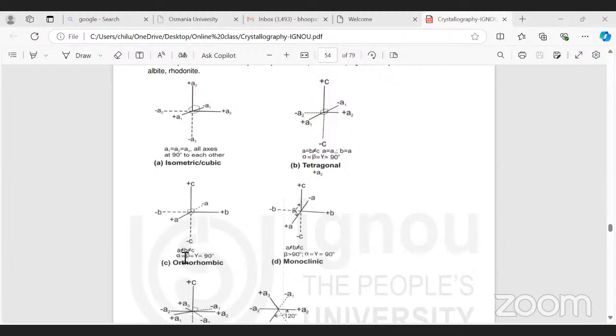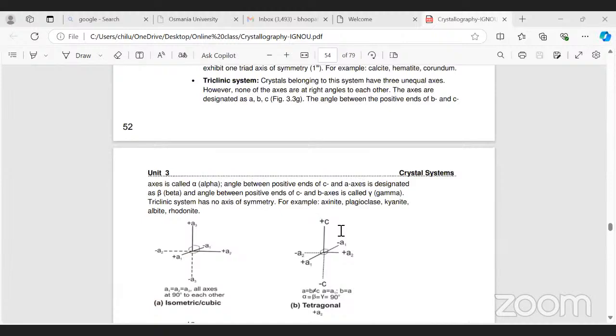So even though A is not equal to B is not equal to C, axis-wise, inclination-wise, these are intersecting while maintaining 90 degrees. That is the reason alpha equals beta equals gamma equals 90 degrees is mentioned.